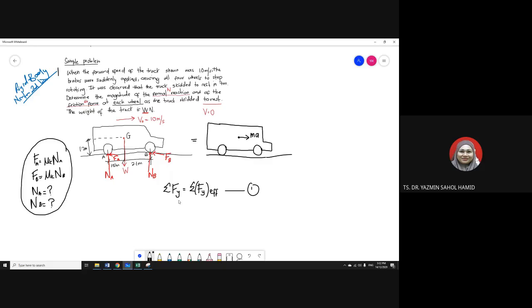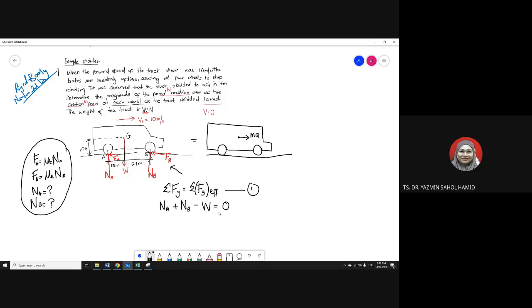So from this equation, can we write the equation together? What do we have? We have Na plus Nb. What else do you have from here? W. Minus W equals 0.